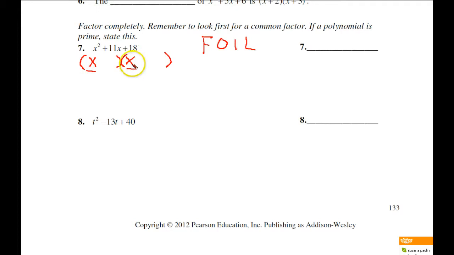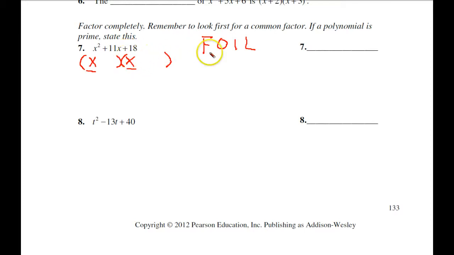So keep in mind you are on your way. You have put it in standard form. You have checked to see that there's no common factor. And you've put 2 sets of parentheses. Now, this is what we call a protocol, a modus operandi, a strategy for factoring. And by doing that every time, you will master this skill.